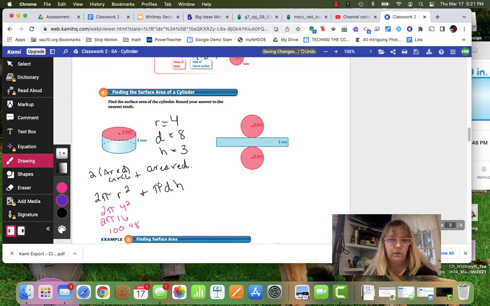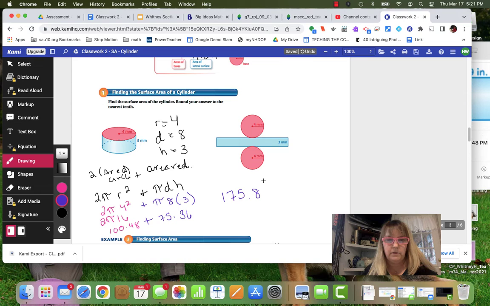Well, now let's deal with the rectangle. That's pi times the diameter, which is 8, times the height, which is 3. When I multiply all that together, I end up with 75.36. And when I add the 2 of them together, I get 175.84.